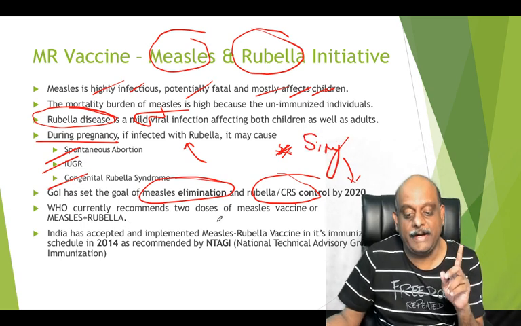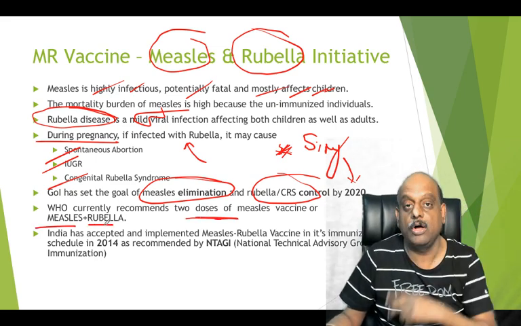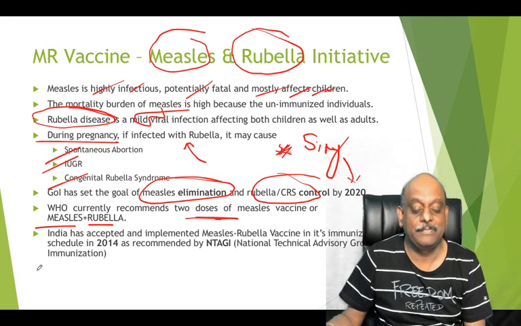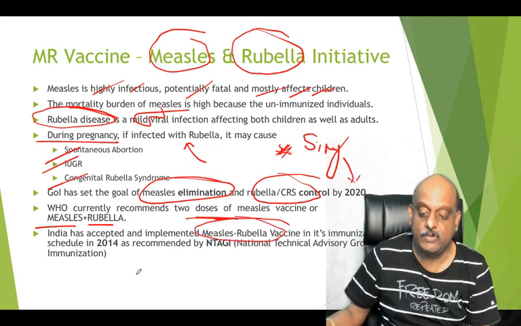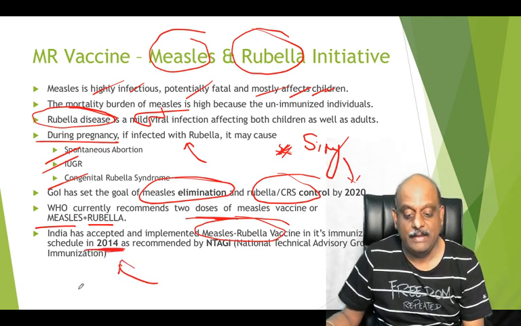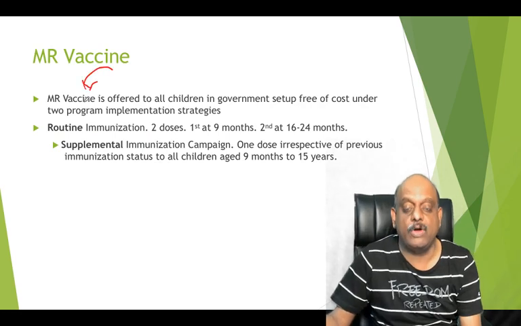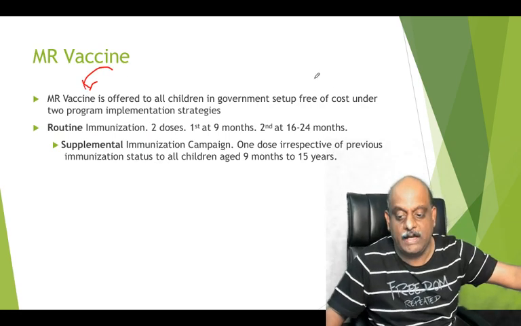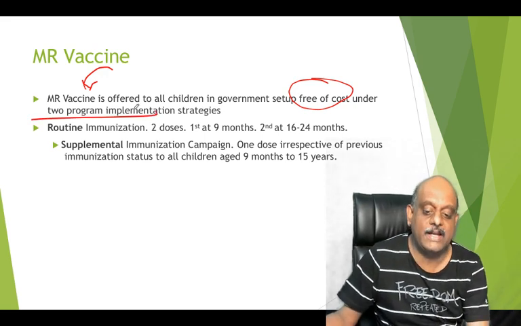So WHO currently recommends 2 doses of measles vaccine or measles plus rubella. And the measles rubella vaccine was implemented in the immunization schedule in 2014, is what you need to remember. MR vaccine is offered in all government setups free of cost under a 2-program implementation strategy.